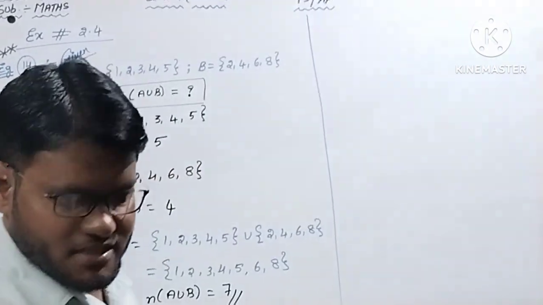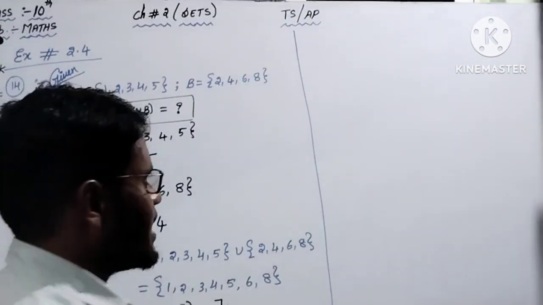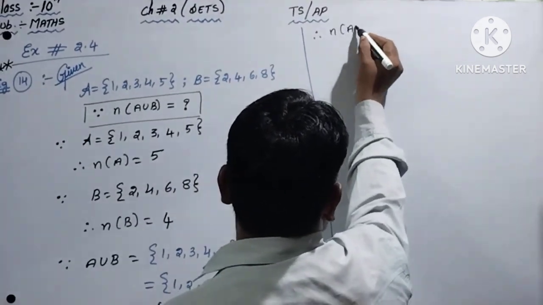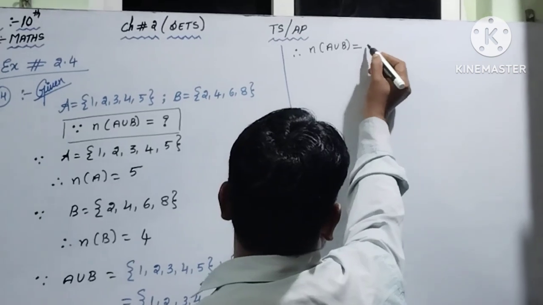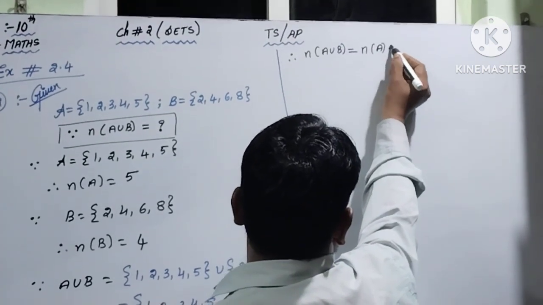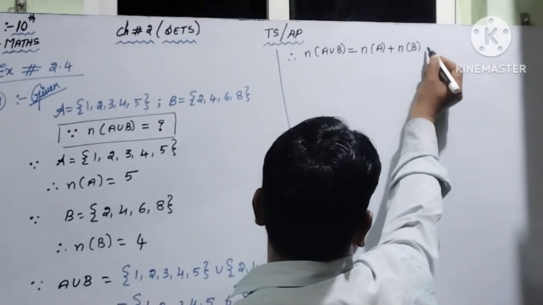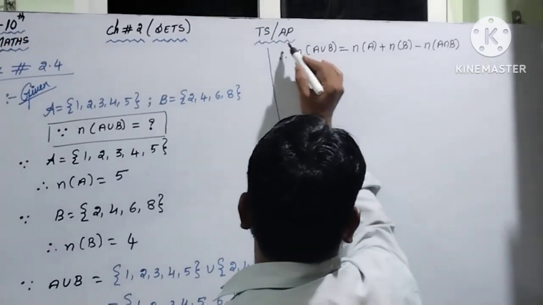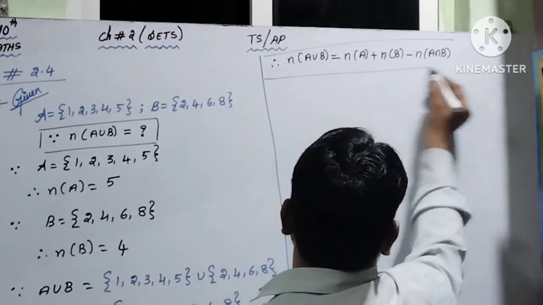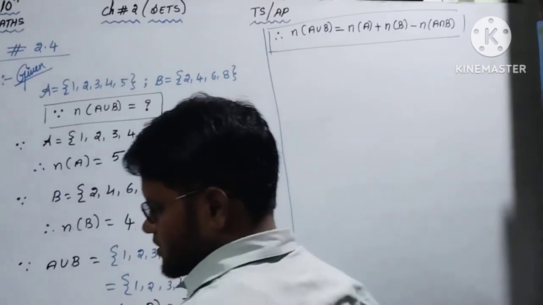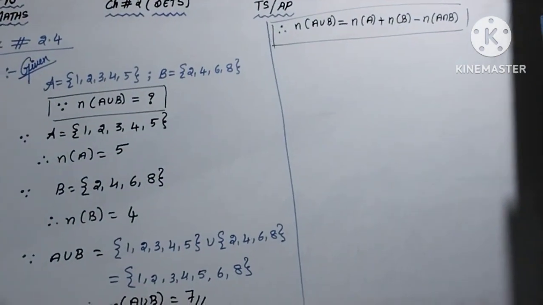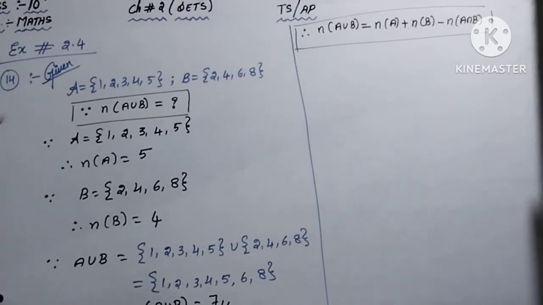I explained it yesterday in the introduction class. The formula is n of A union B is equal to n of A plus n of B minus n of A intersection B. There is a problem on this, asked in the previous board examination. I will explain how.